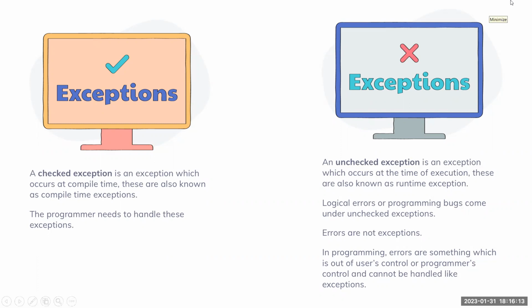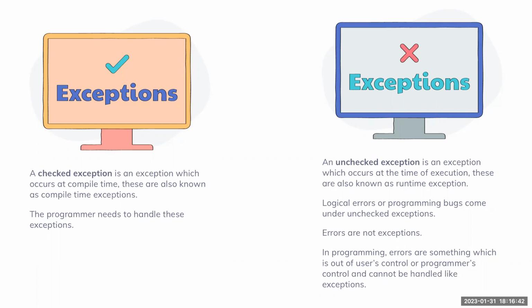Let me go to the next one. What is an unchecked exception? Unchecked exceptions are kind of logical errors and programming bugs. Errors are not exceptions. What is an error?